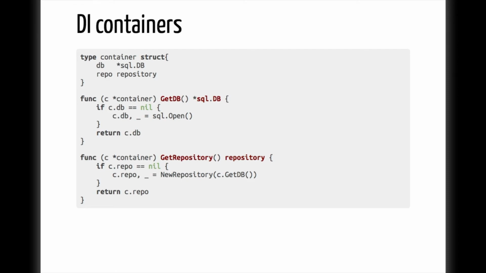I'm not a fan, and I think, at least from what I see in the Go community, there seems to be a consensus that we don't use containers or frameworks, because Go seems to be a bit too simple a language to have such complicated stuff within.